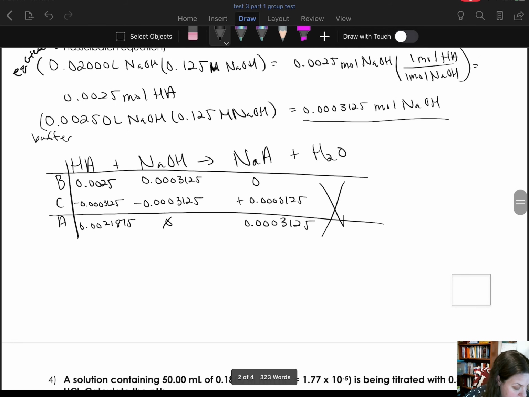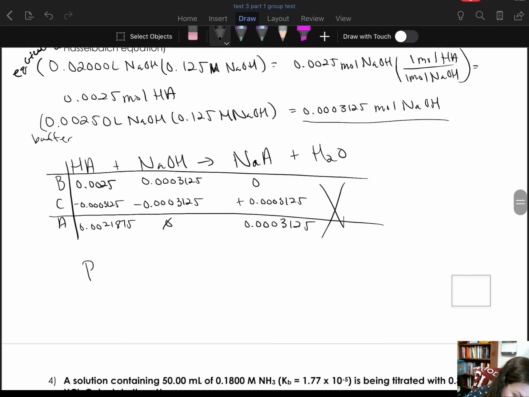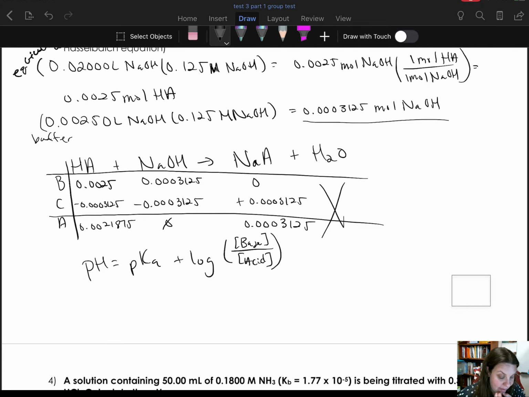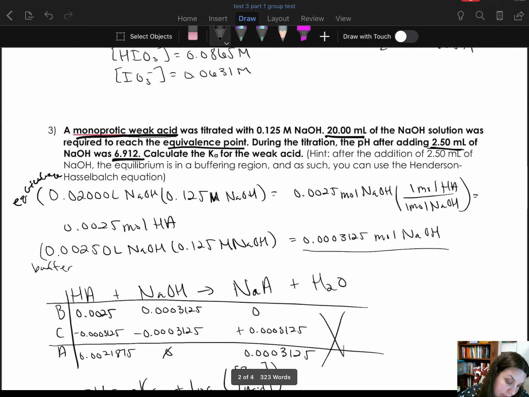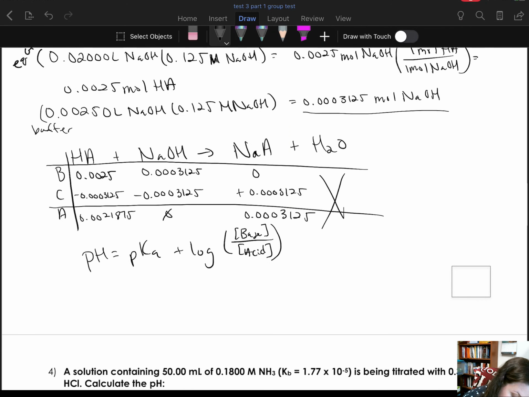I can then use my Henderson-Hasselbalch. pH is equal to pKa plus log base over acid. I have my pH. My pH is 6.912. I'm basically solving for pKa, and I have my moles of base and my moles of acid.